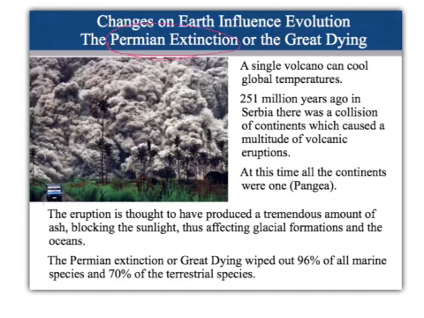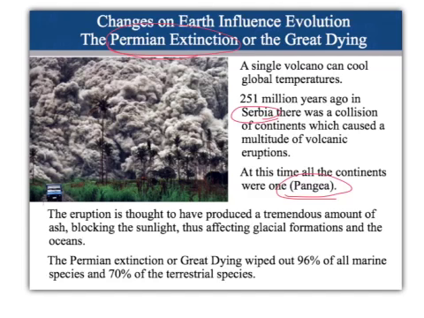So the Permian extinction, about 251 million years ago in Serbia, which is in Europe, there was a collision of the continents, and so we had a large amount of volcanic eruptions happen at the time. The continents at the time were all as one. They were in Pangea, okay, and so in the region of Serbia, so in the region of Europe, all these volcanic eruptions occurred.